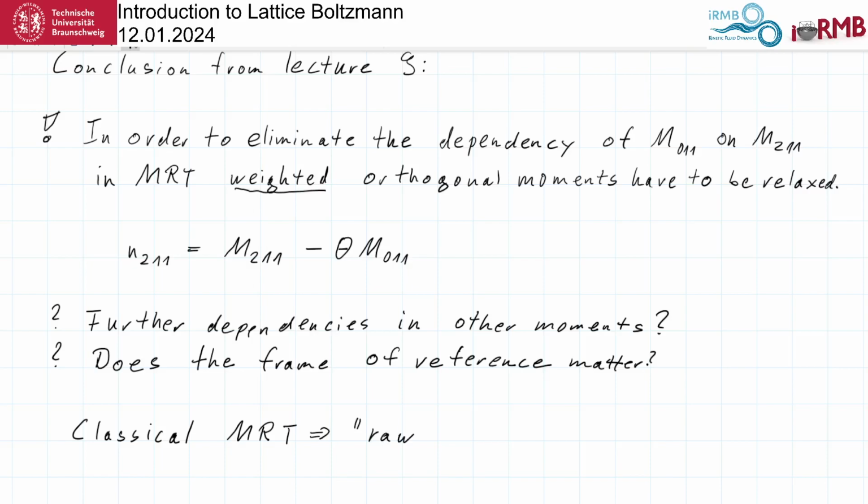So raw moments are the ones taken in the lab frame of reference, so in the resting frame of reference, which we call the Eulerian frame, and the Eulerian frame is, of course, a fixed frame.